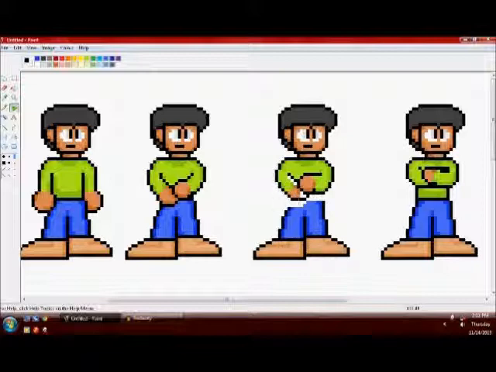I know it doesn't look like it, but we're trying. It's getting there, at the very least. That's all there is to it, basically. Rawr.